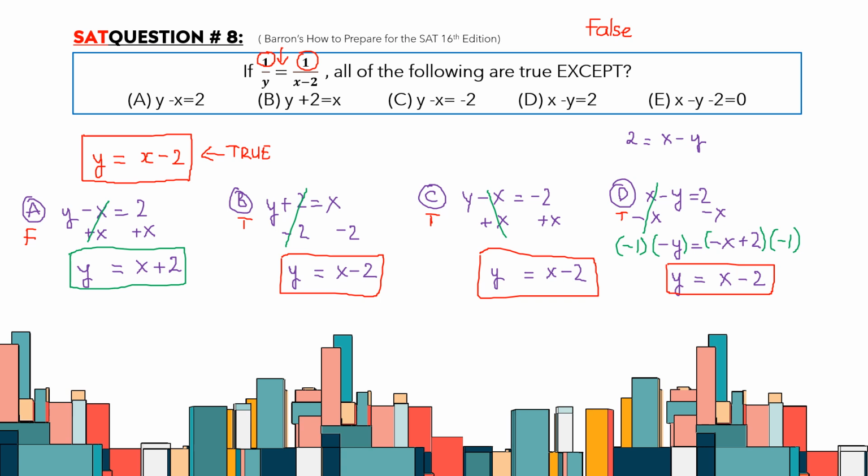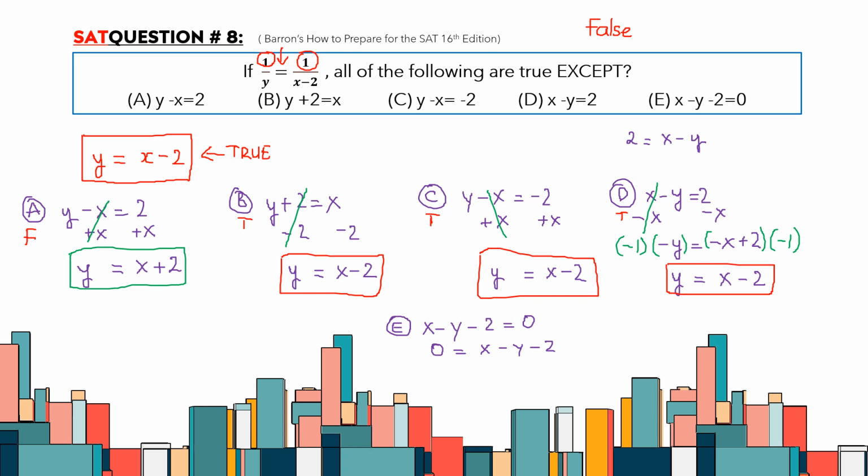The last one is E. x minus y minus 2 equals 0. So I want to isolate y. I can rewrite this one as 0 equals x minus y minus 2.